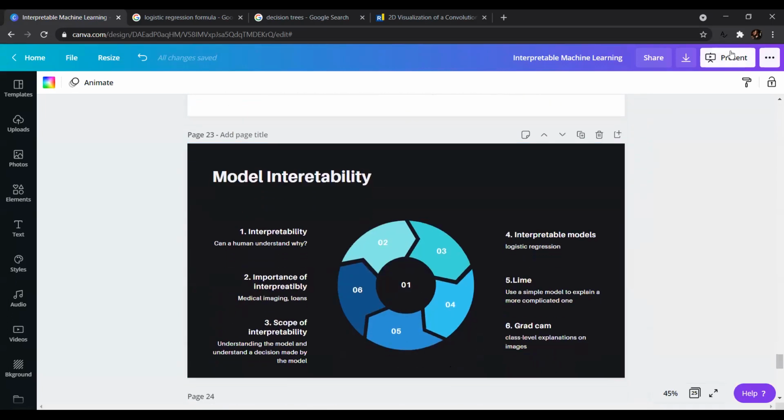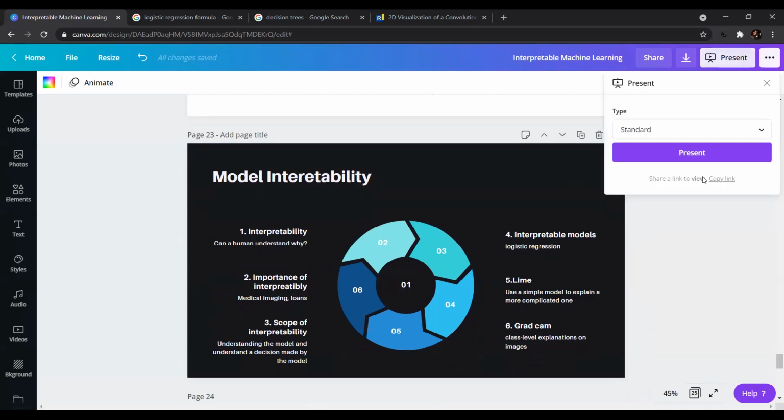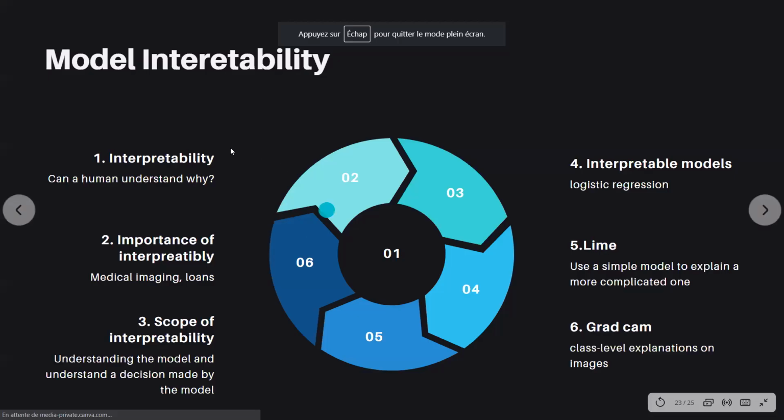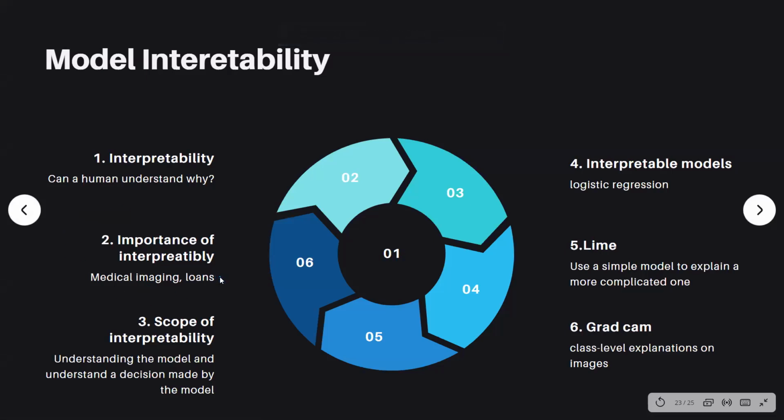So far, what we have seen in this lecture are the following. We've seen what interpretability is, its importance, and its scope. We've seen the five different levels of interpreting a model. We've seen the simple, easily interpretable models, and LIME for tabular, text, and image data.